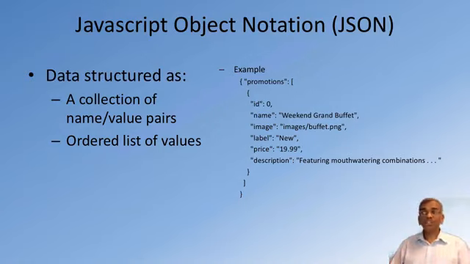So now you see why the data is structured that way, and you also realize that it is very easy to deal with this data within your JavaScript or TypeScript code in your Angular application. With this, I complete a quick overview of networking essentials.